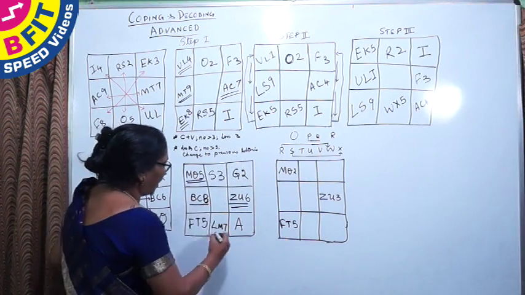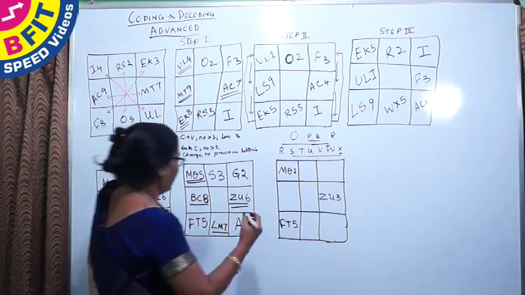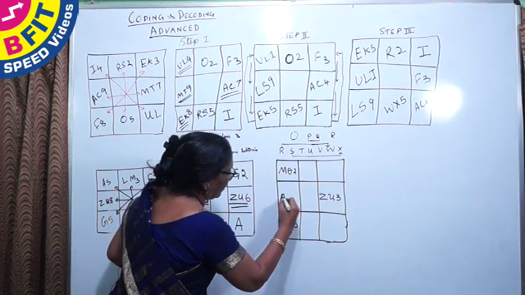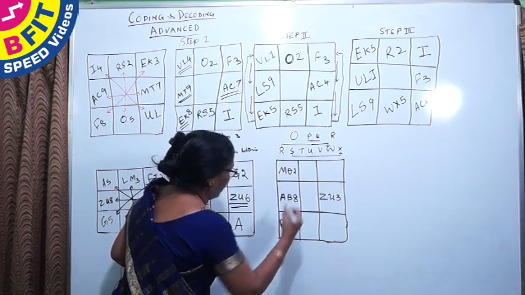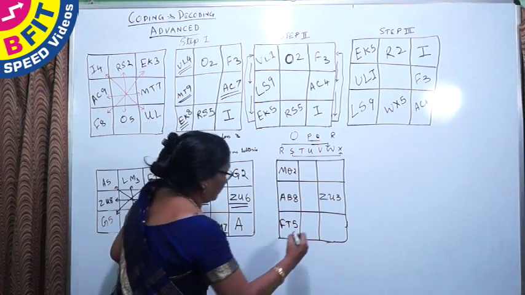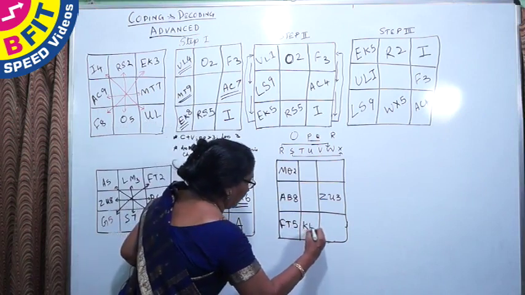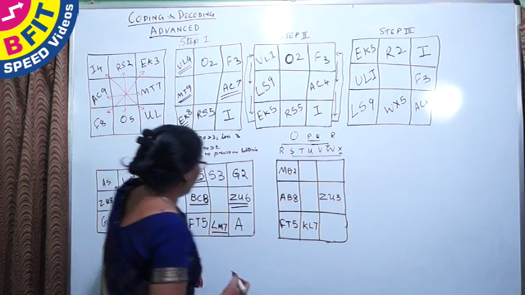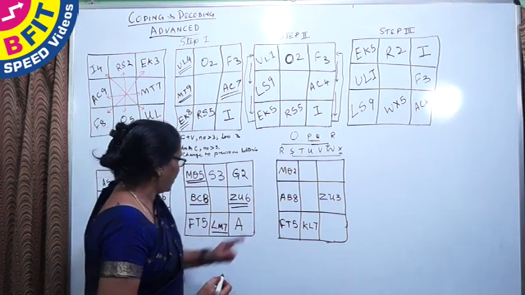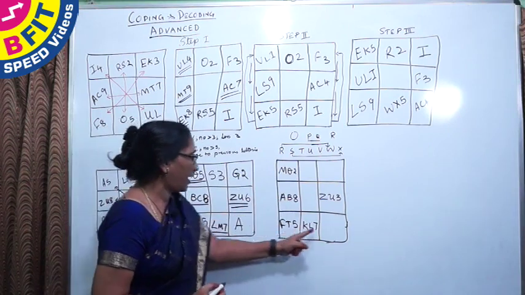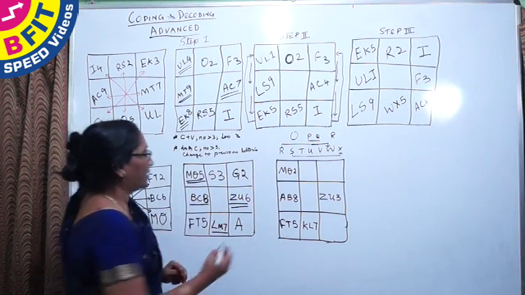BC8 will change and LM7 will change. BC8 becomes AB8 and LM7 becomes KL7. The rest are written as such.